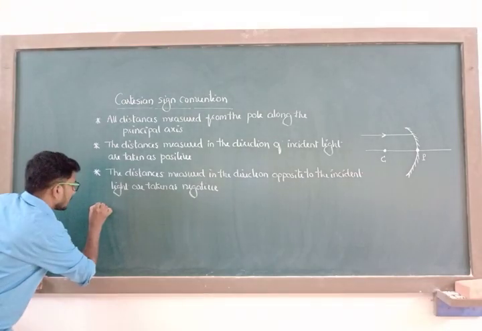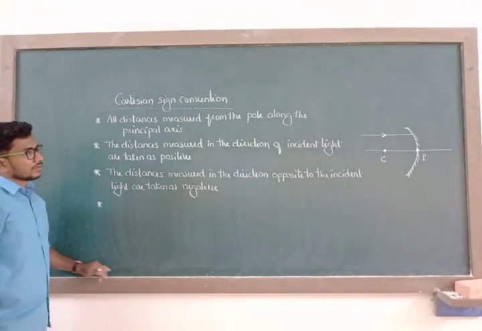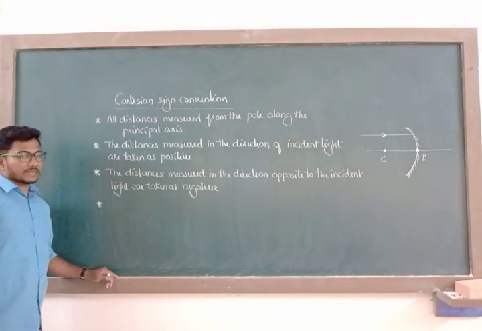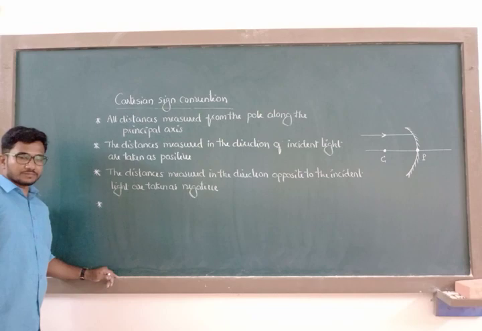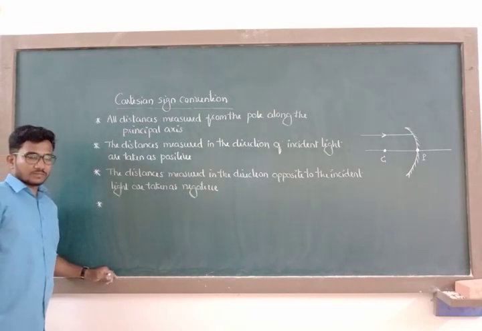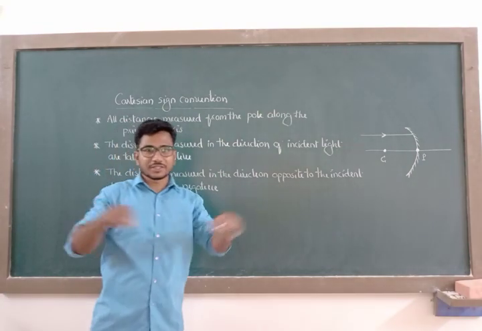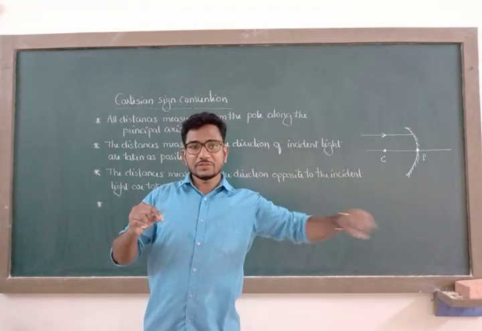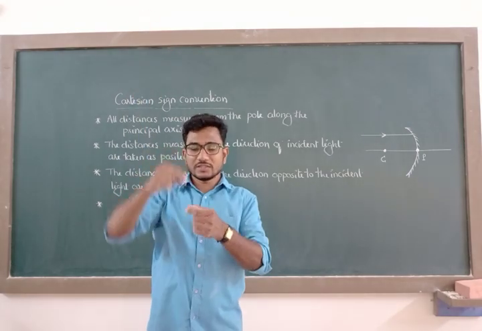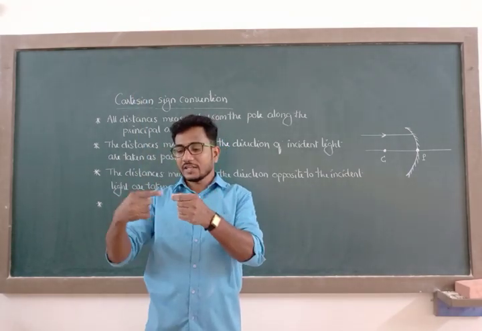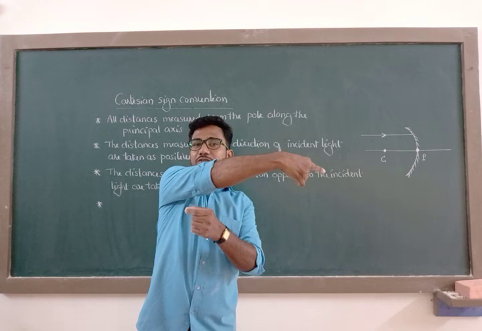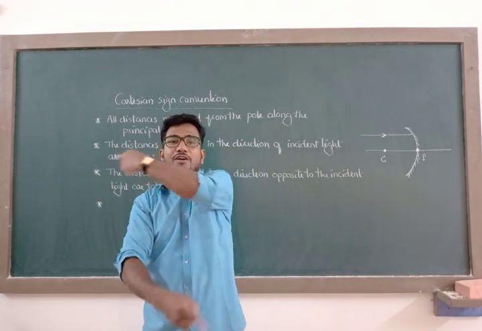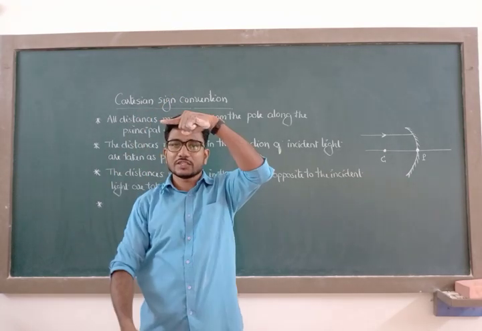Fourth one, upward distances measured perpendicular to the principal axis. You just imagine a graph sheet: positive x-axis, negative x-axis, positive y-axis, negative y-axis. In the direction of incident light, positive. In the direction opposite to incident light, negative. Upward direction, positive. Downward direction, negative.